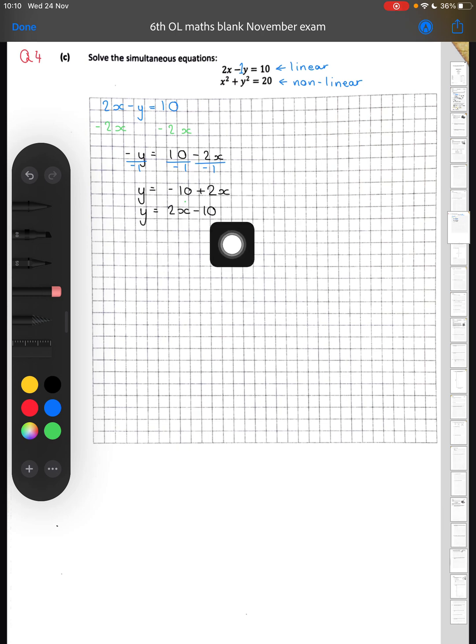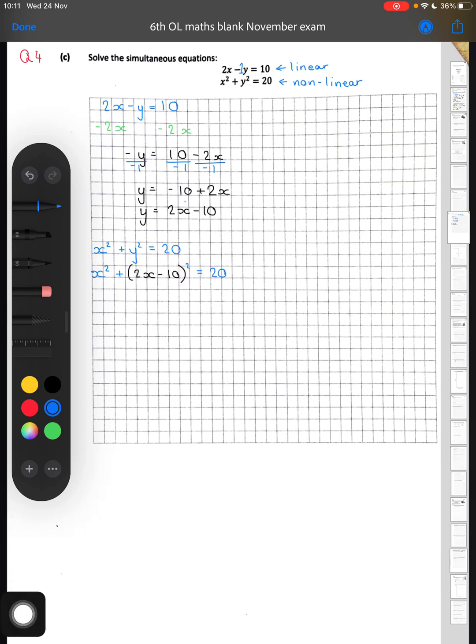And then we sub this back into the nonlinear equation. My nonlinear equation was x squared plus y squared is equal to 20. So I'm going to put this in for the y. So I have x squared plus 2x minus 10, being squared, equal to 20.